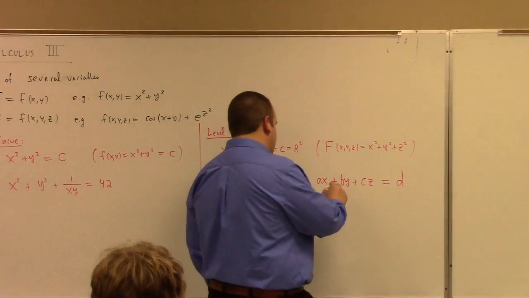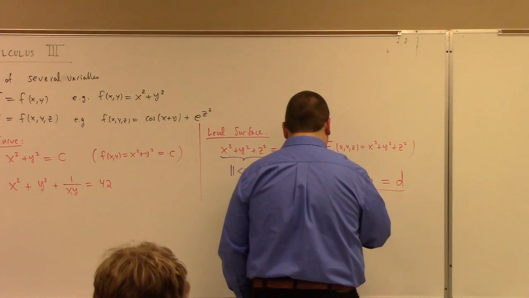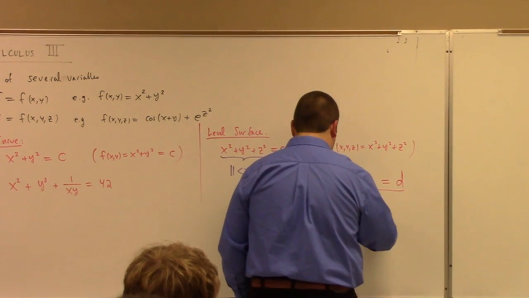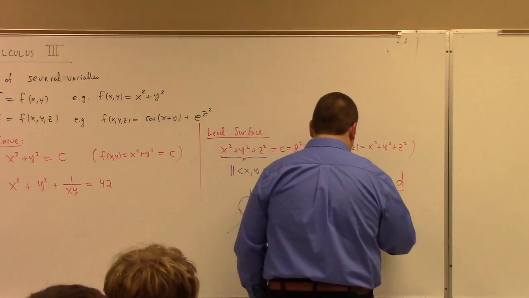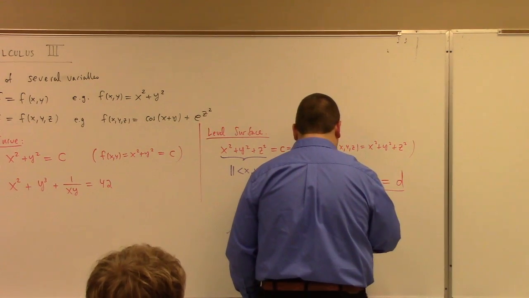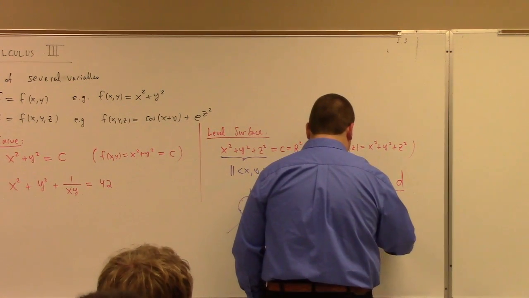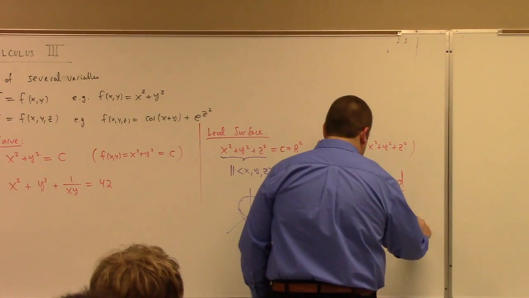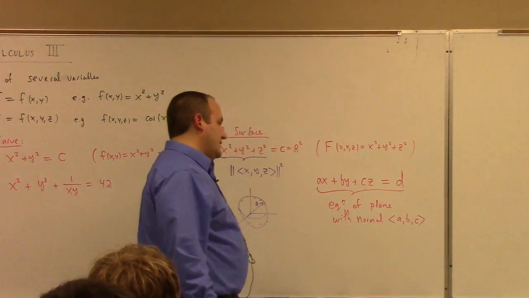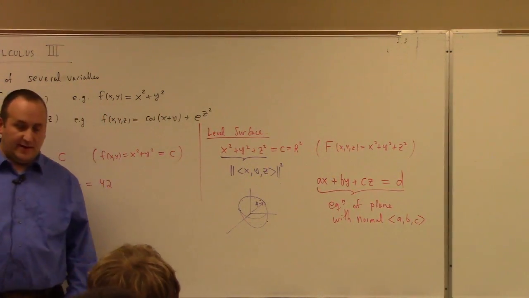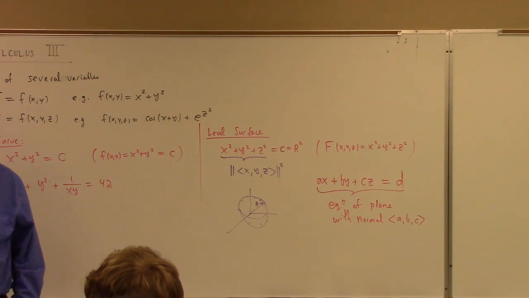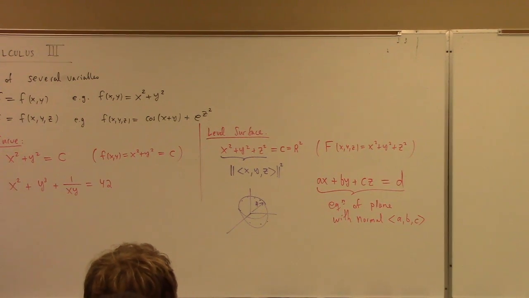In fact, this is the equation of a plane with normal A, B, C. Now, it would take me a little work to prove that for you from analytic geometry, and I'd rather show you why that's the normal in terms of calculus instead.